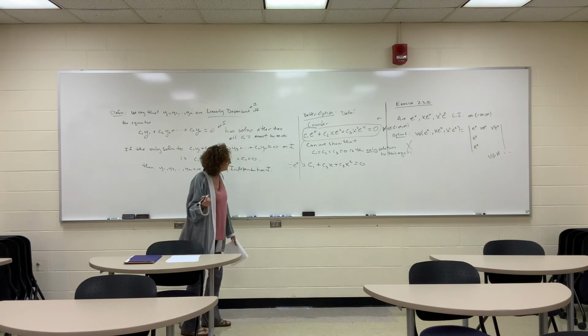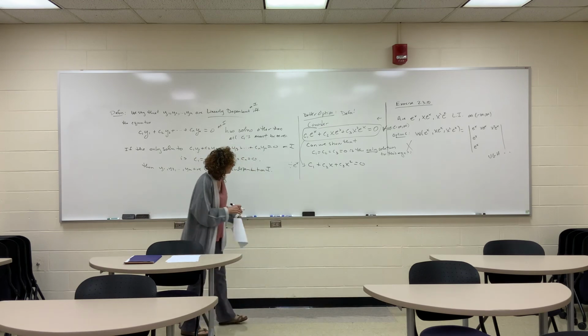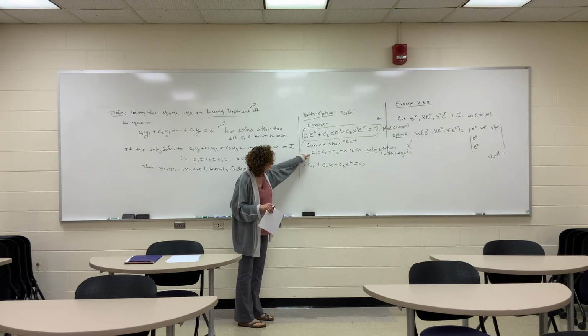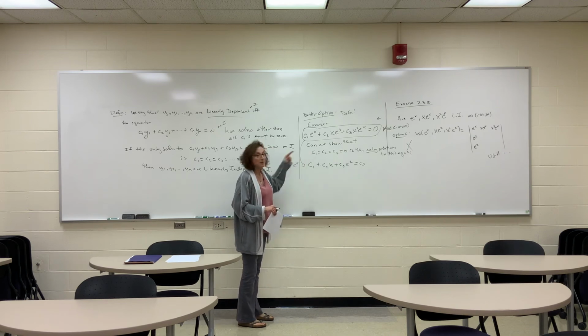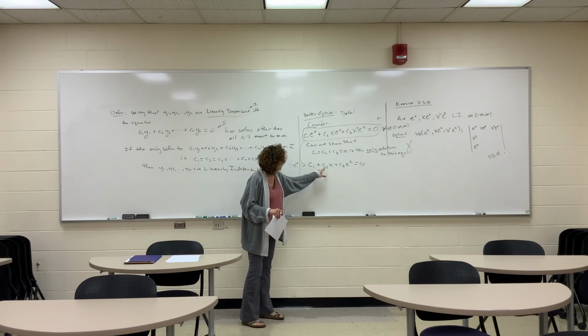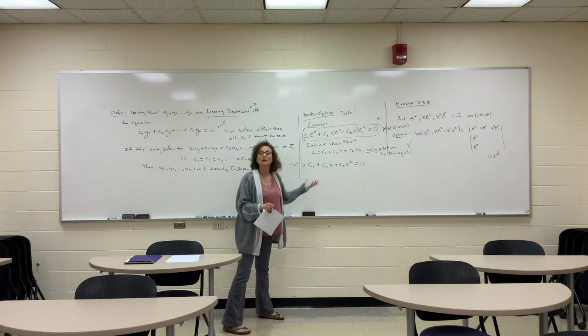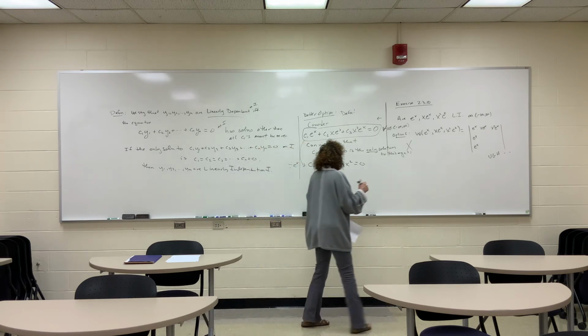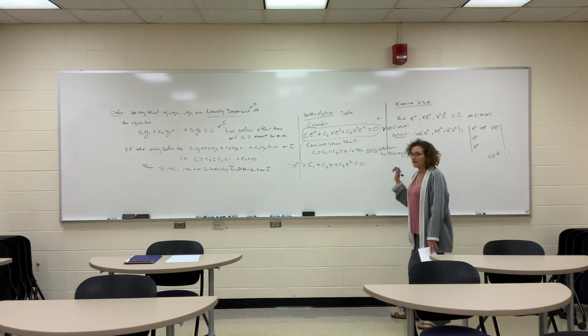So dealing with this equation is equivalent to dealing with the previous one. Now our question is, does this equation have only the 0 solution? Which incidentally would show that 1, x, and x squared are linearly independent functions. Beautiful.